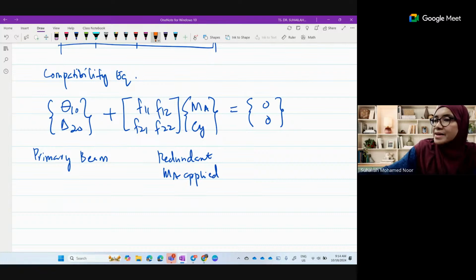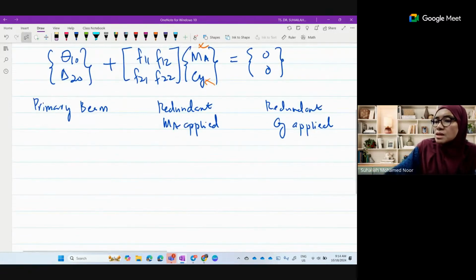Okay, kita dapat dari sini, kan? The first line means redundant number 1, right? Second line redundant number 2, right? Okay, redundant MA applied and redundant CY applied.